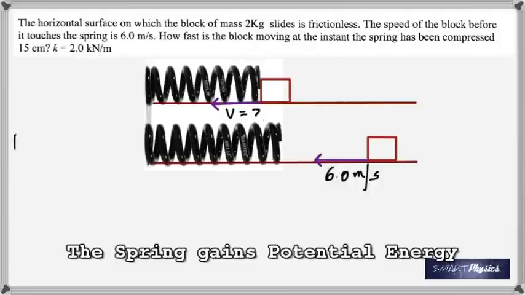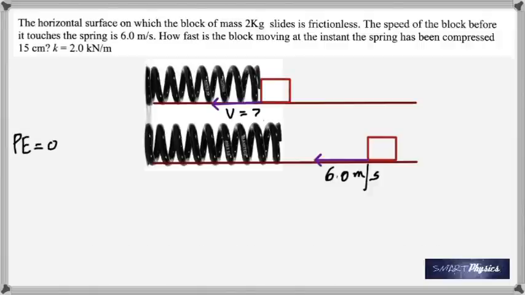So in the first case, the spring is not compressed, therefore it has no potential energy. The potential energy of the spring is zero. But there is kinetic energy. The block has kinetic energy, and kinetic energy is given by 1/2 times mass times the square of the velocity.